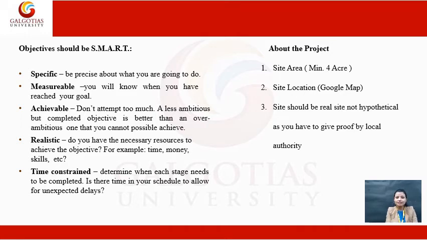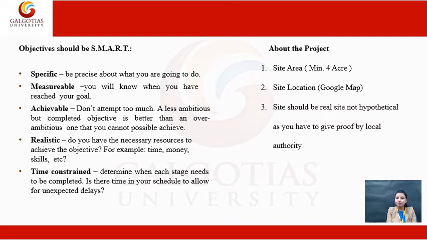This is your thesis. So there are some points which show in your project, that is you have to choose a minimum 4 acre area for your project. Either it should be a school, housing, shopping mall, and all. And you have to locate your site on a Google map and screenshot that image and paste it in your synopsis.